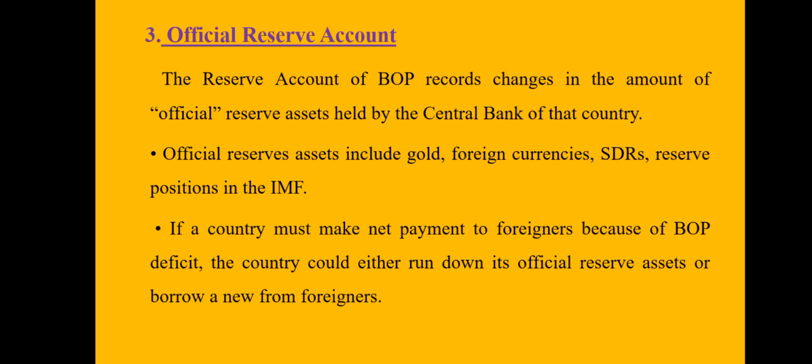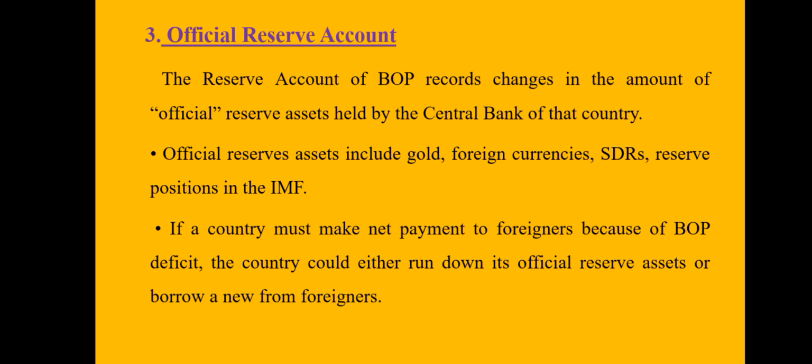If a country makes net payment to foreigners because of balance of payment deficit, the country could either run down its official reserve assets or borrow anew from foreigners.